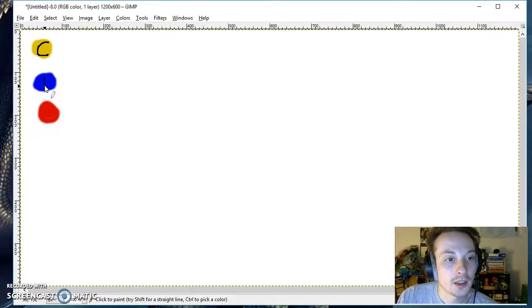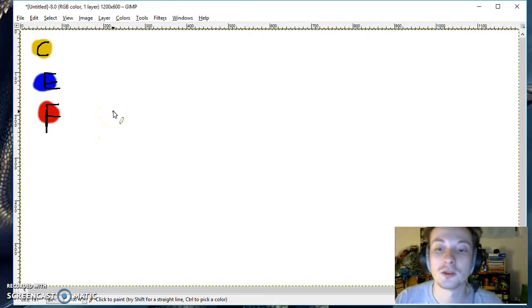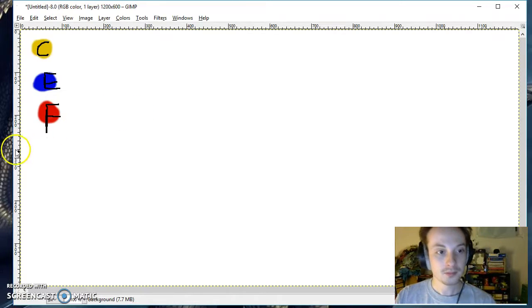And then we're going to call this E for electron pair. And then we're going to call this F for functional group, so functional group being something connected to the center atom.